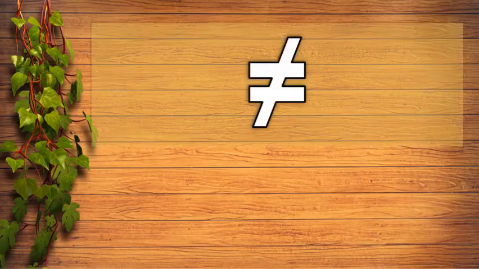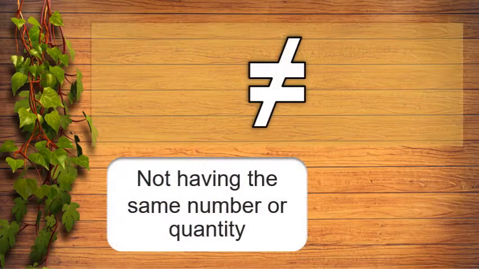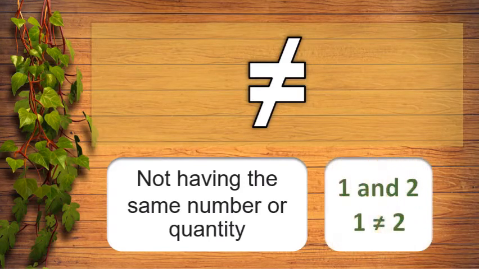Unequal or not equal to. This is not having the same number or quantity. For example, 1 and 2 is not equal, right? So the answer is 1 is unequal to 2, or you can say 1 is not equal to 2.